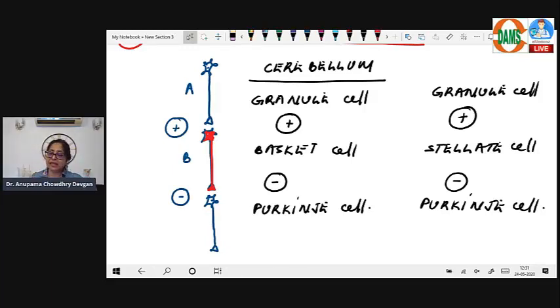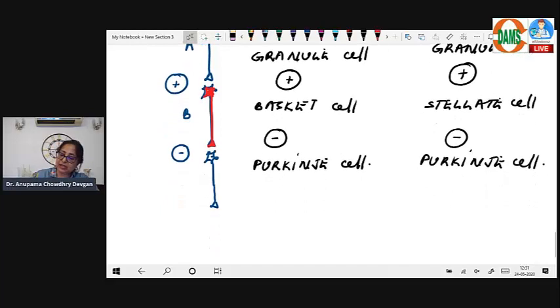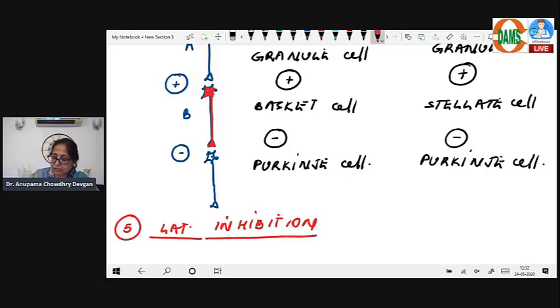Then the fifth type of inhibition that you see is what is known as lateral inhibition. Now, what is lateral inhibition?